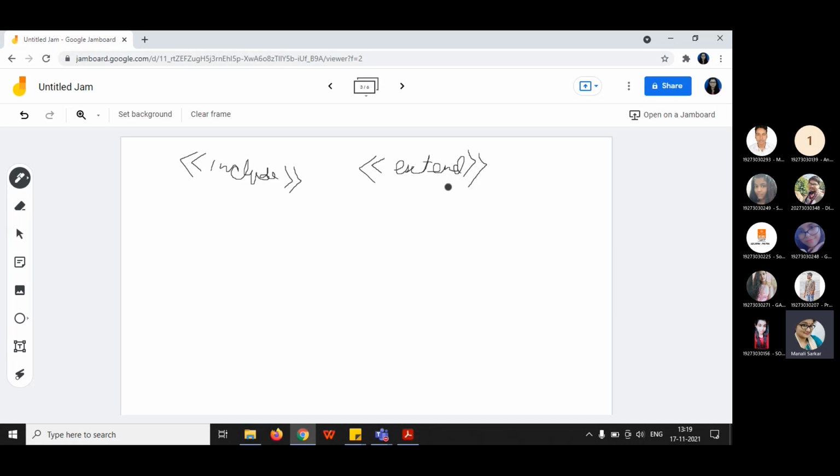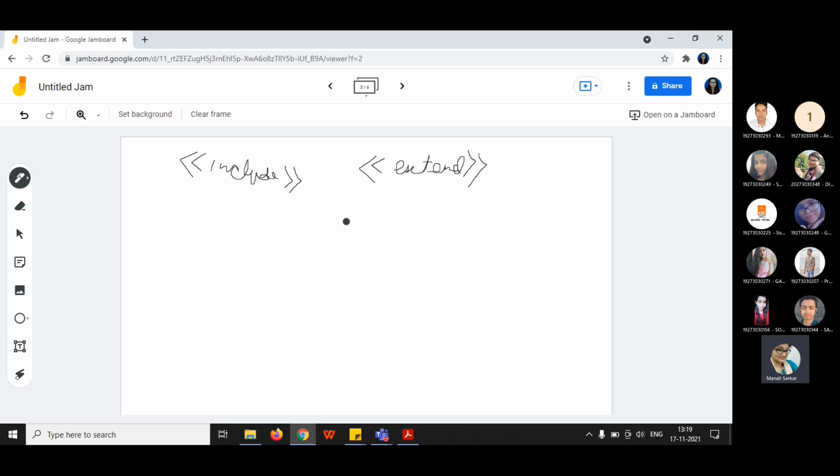It may be noted that the arrow direction in an extend dependency is from the extension use case to the one which is calling it. On the other hand, in the include dependency, the arrow's direction is from the main use case to the one which is required by it.